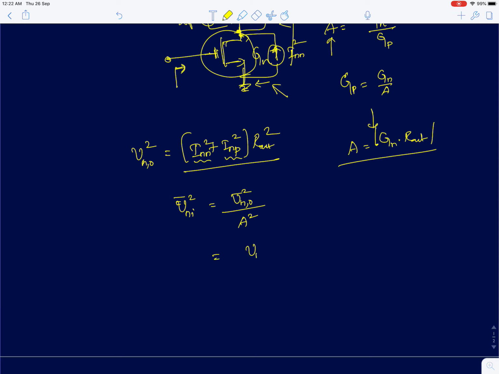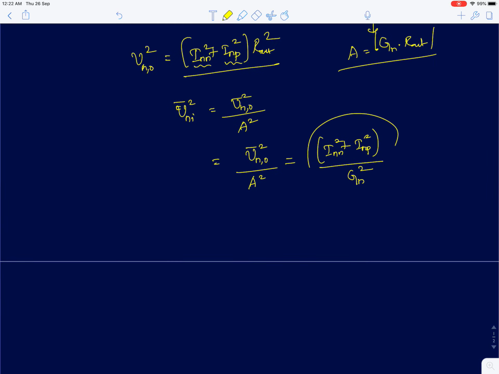So when I divide the total output noise by the gain square, this becomes equal to INN square plus INP square divided by Gn square. So VNI square equals INN square plus INP square divided by Gn square.